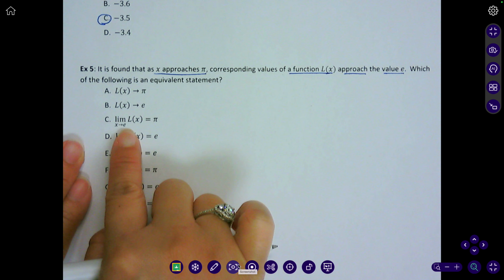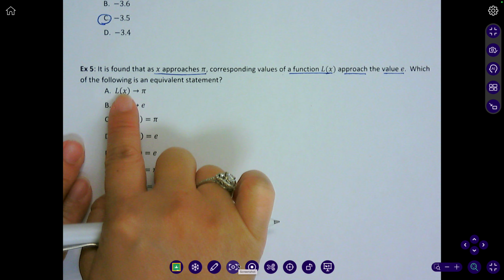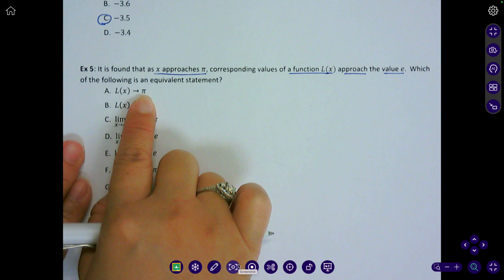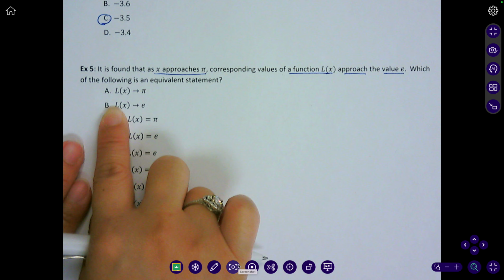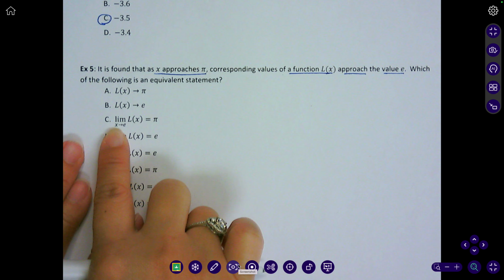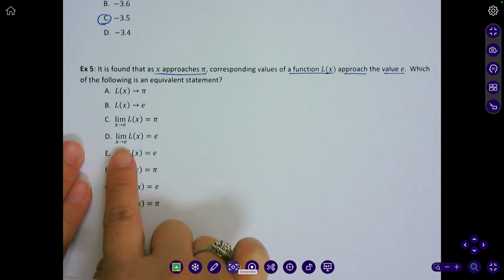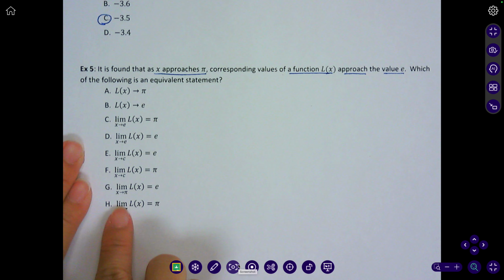Here, x approaches e, right? This is y. Y approaches pi. That's not right. Y approaches e, yes, but there's no limit notation for this one. So this is wrong. This one has a limit notation, but x goes to e. I want x to go to pi. So that's out, that's out, that's out.